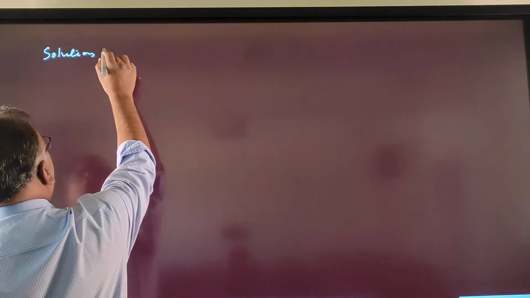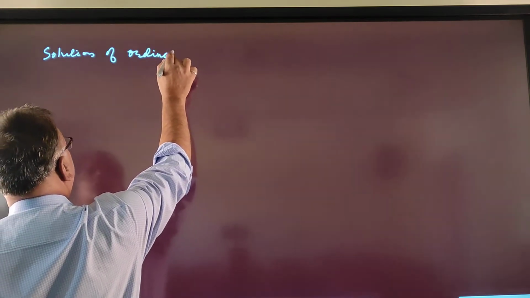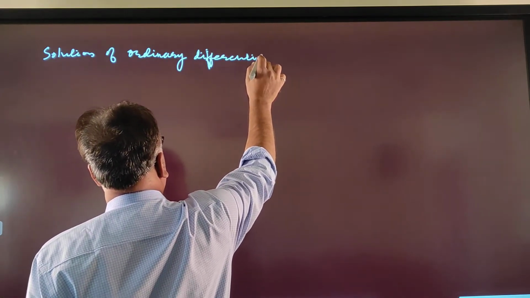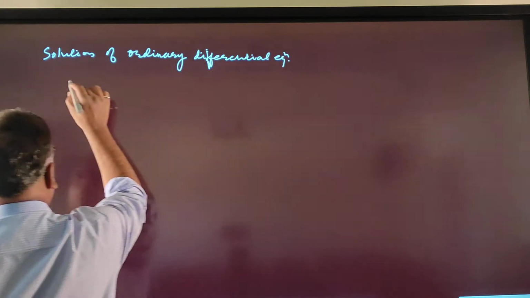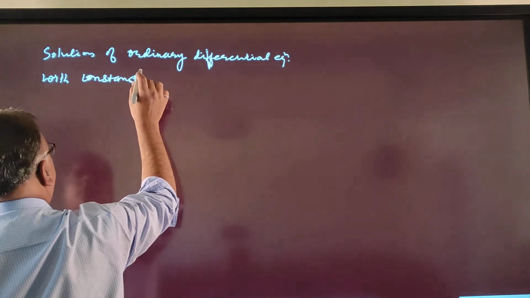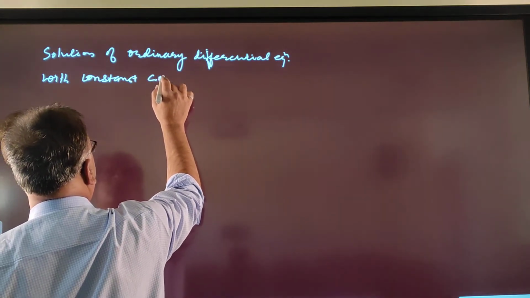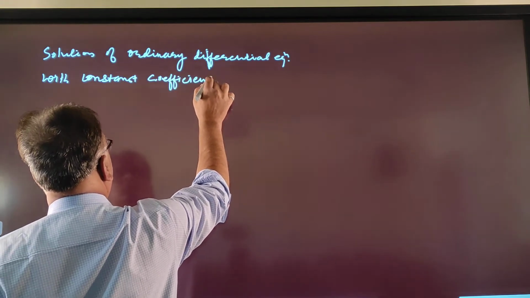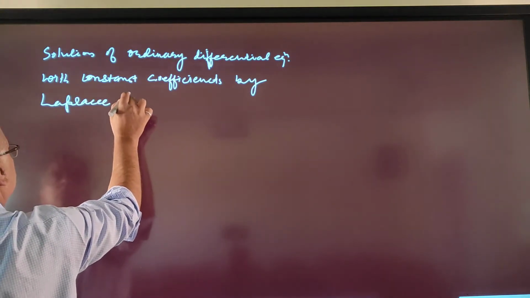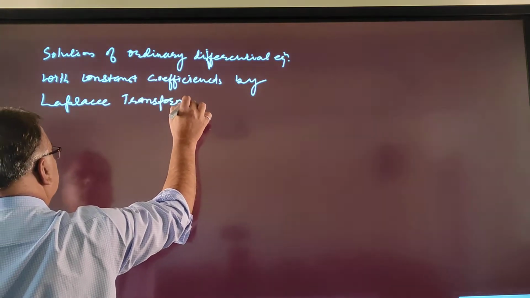So, solution of ordinary differential equation with constant coefficients by Laplace transformation.